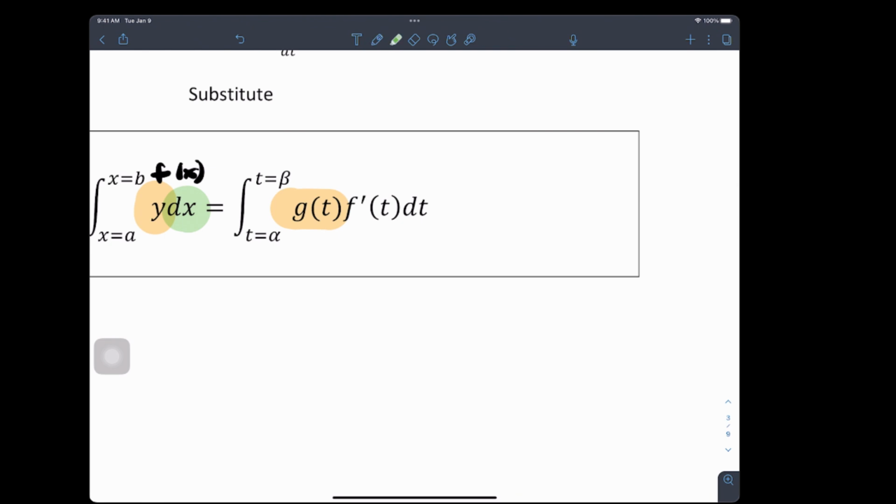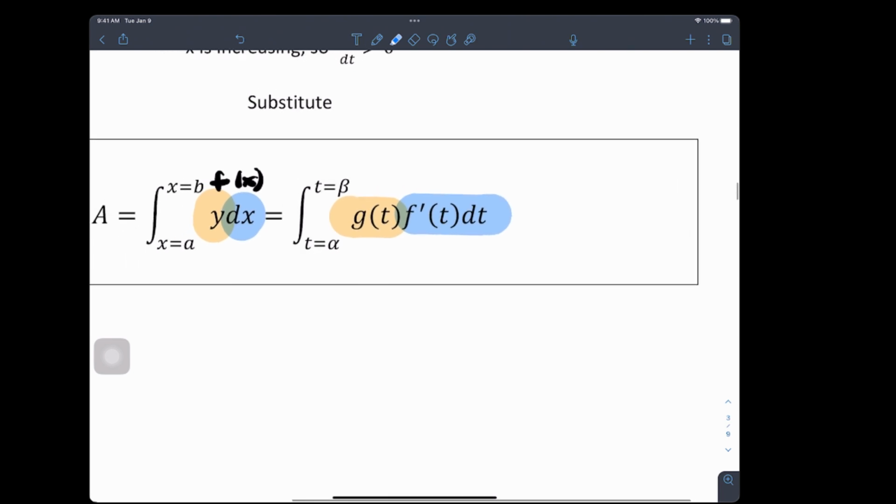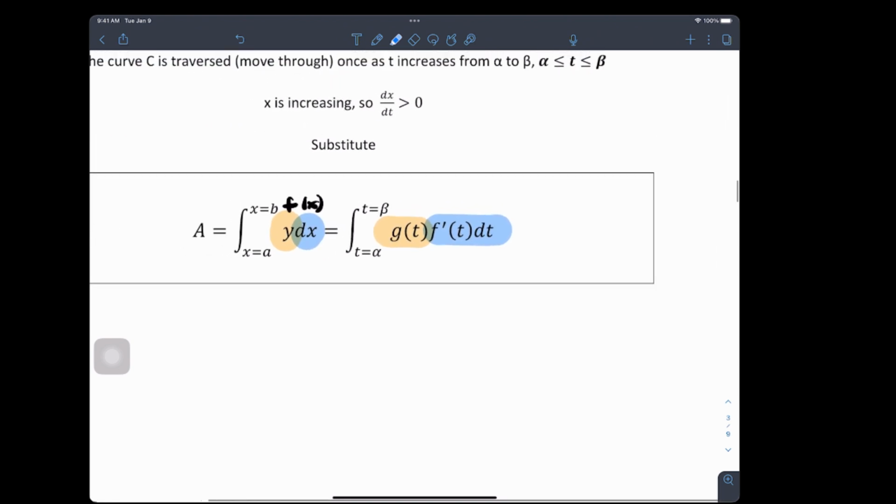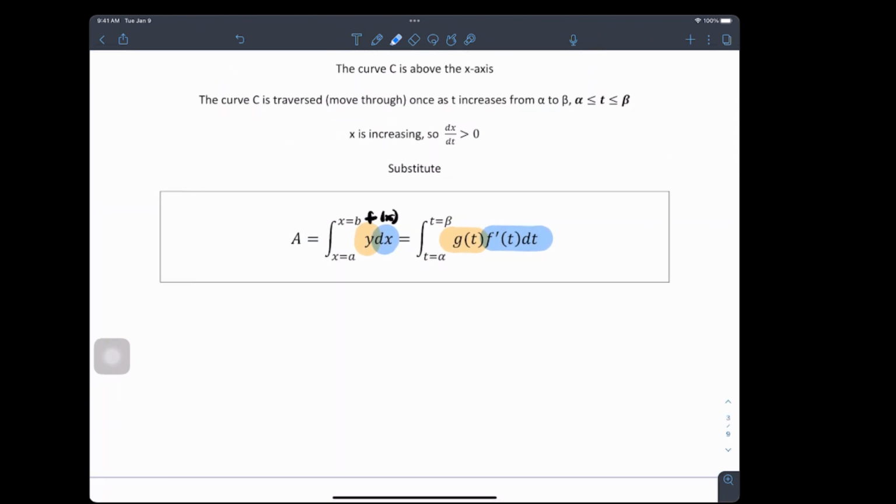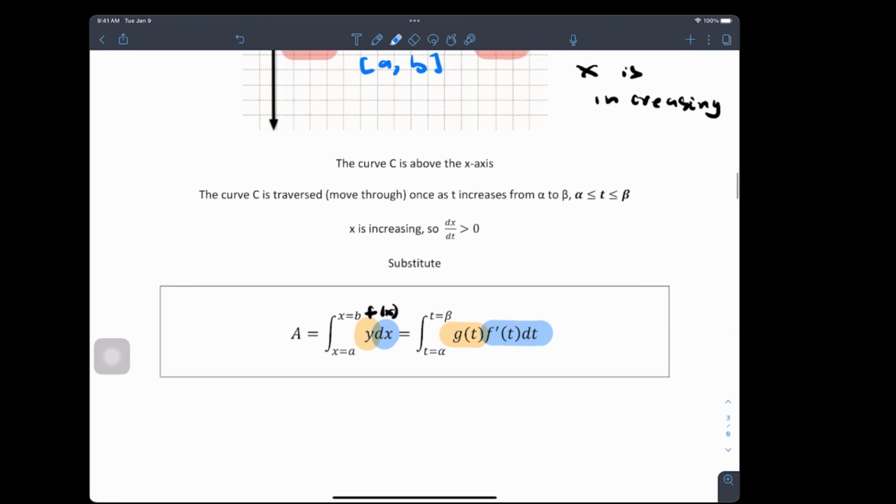So this is now dx, f prime of t dt, solving for that. And remember, my time value now is going from alpha to beta here. Okay, so they say x is a.